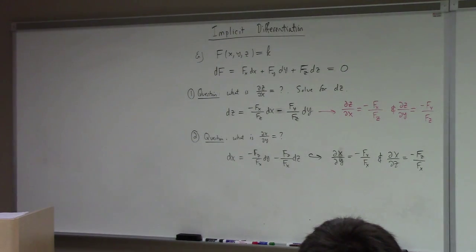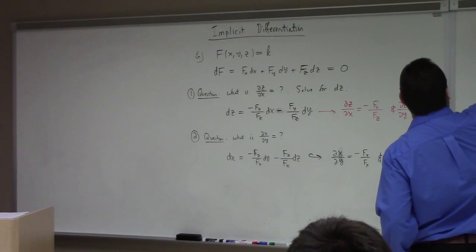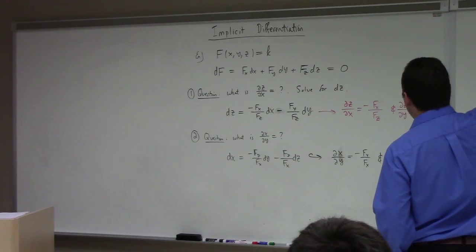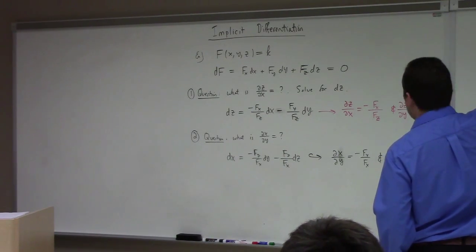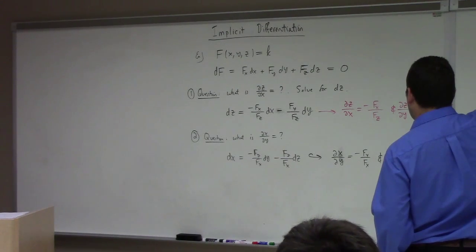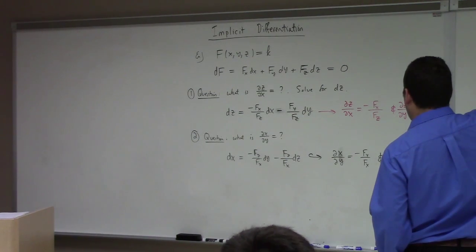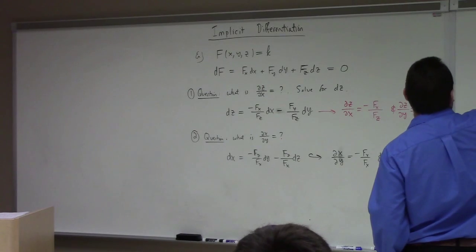Yeah, what would happen? What's the same story for y? Let's see here. So for y, third question, partial y, partial z. What do I want to calculate? Oh, partial y, partial z.